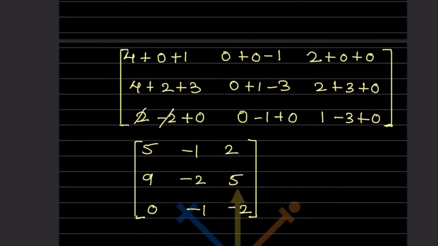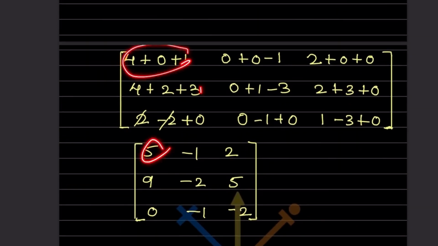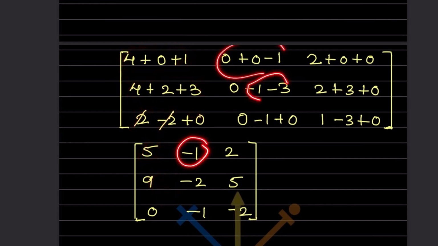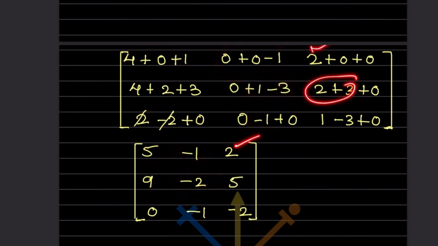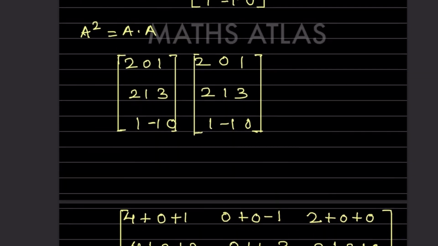So this is done. So now what you can see, this gets cancelled, so this will be 0, minus 1, plus 1, minus 3, minus 2, minus 1, 2, 5, minus 2. So this is what we got for A².